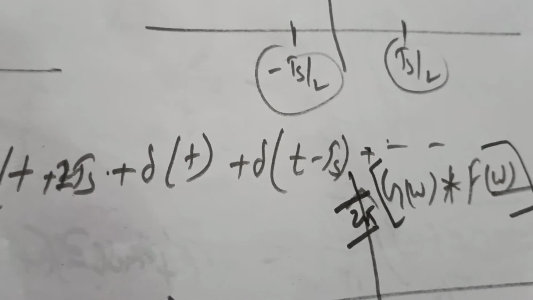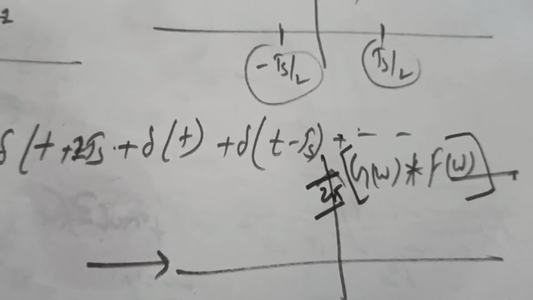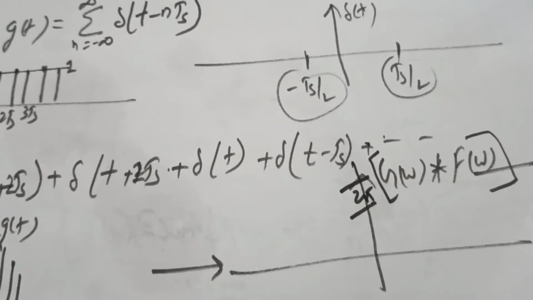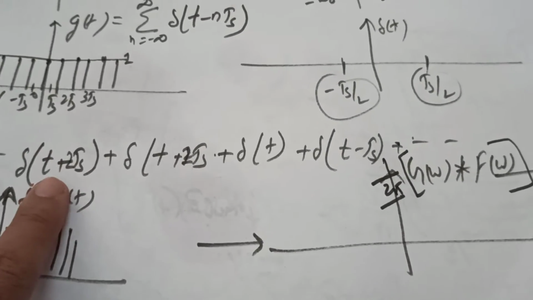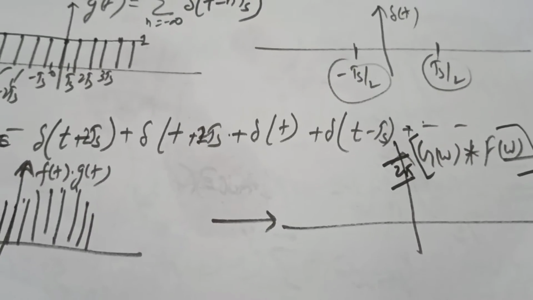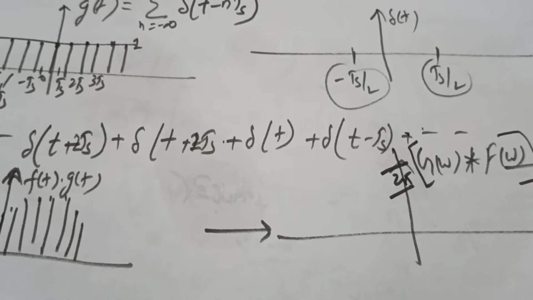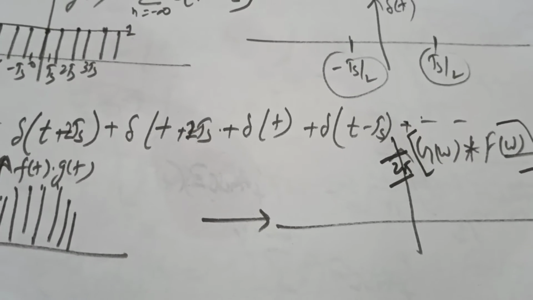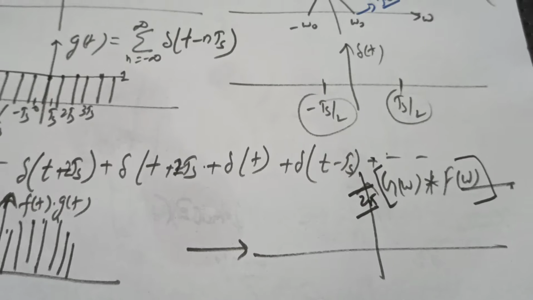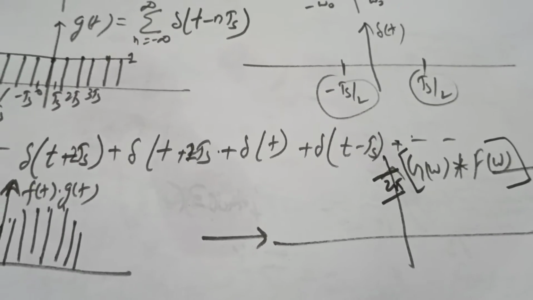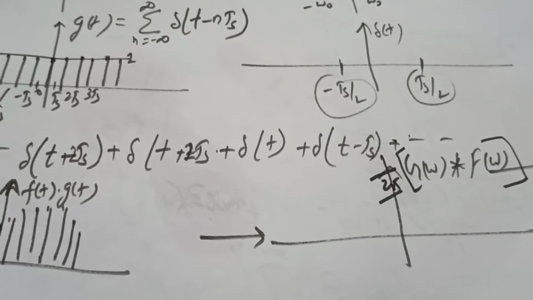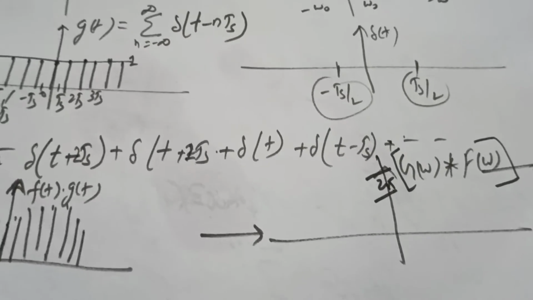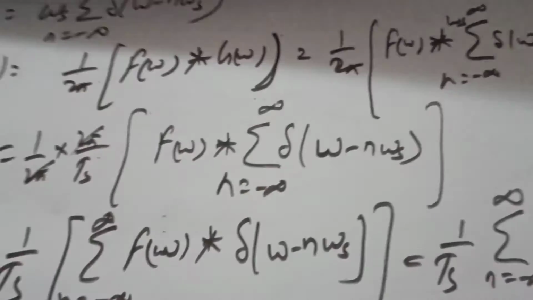Okay, clear? Because we all know that when there is convolution in the time domain, that convolution is reflected in the frequency domain as multiplication of G(omega) and F(omega). Okay, clear?